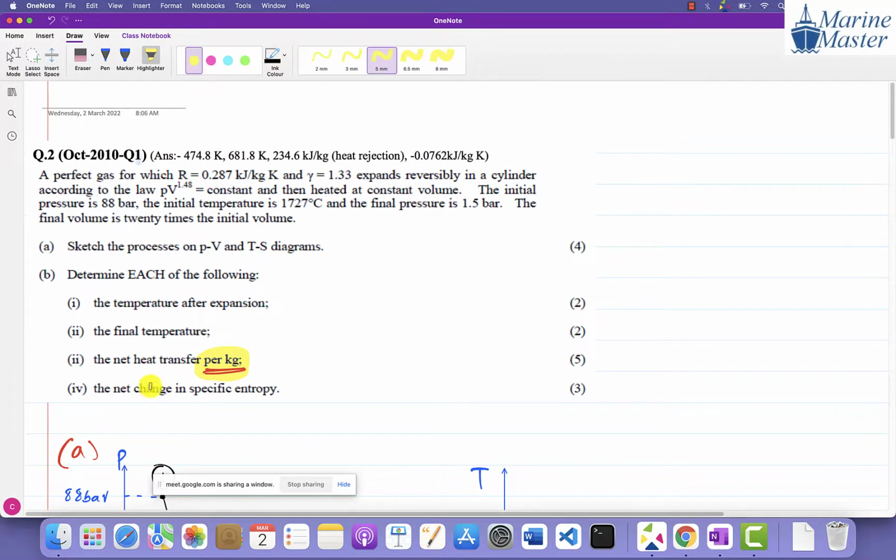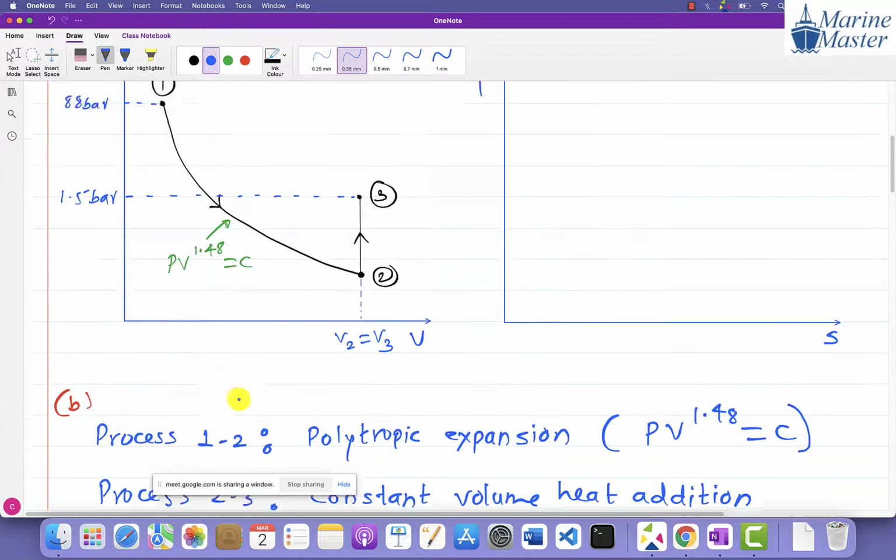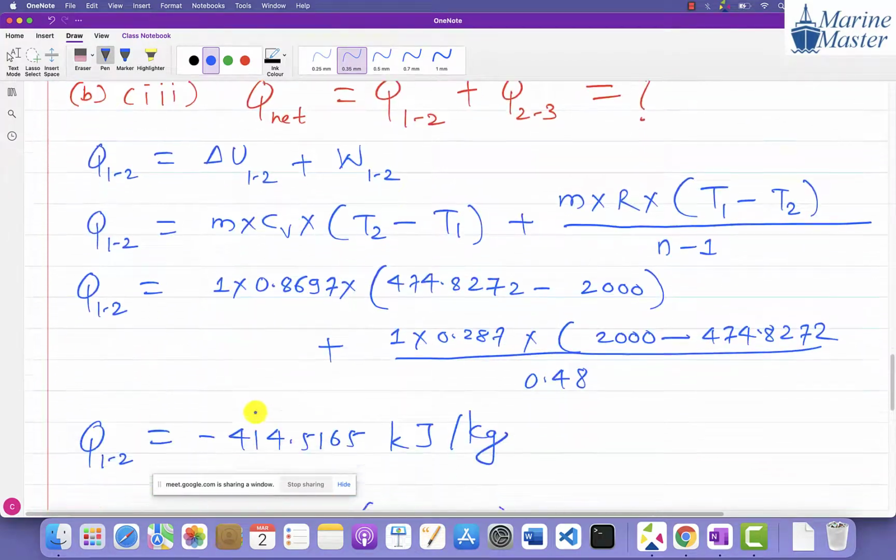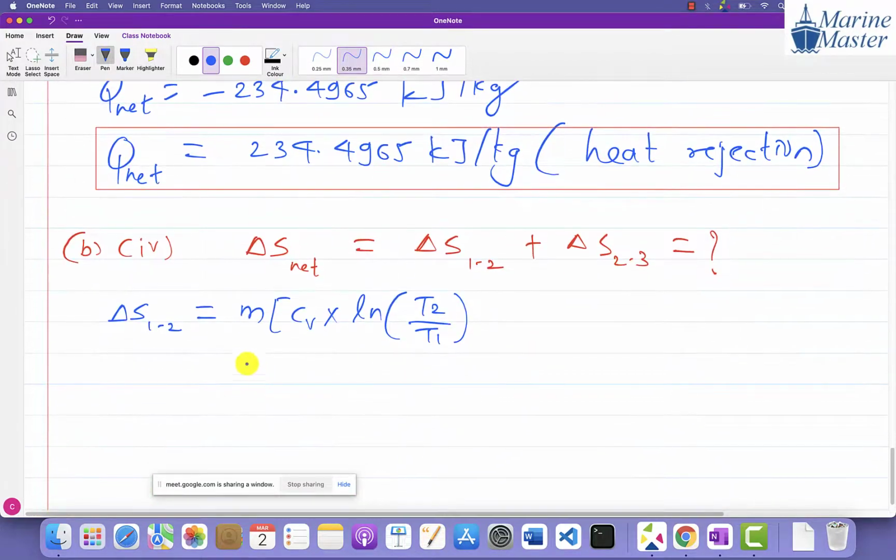So delta S divided by mass is the specific entropy, correct? It means we take directly 1 kg here. Over here it is given as 1 kg. If it is not given, then we have to divide it.